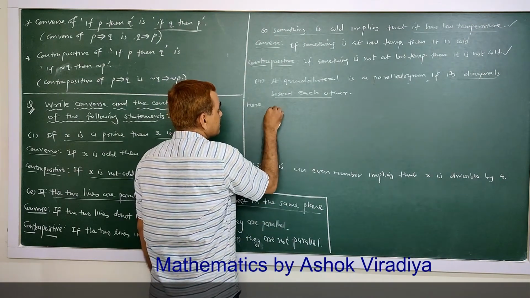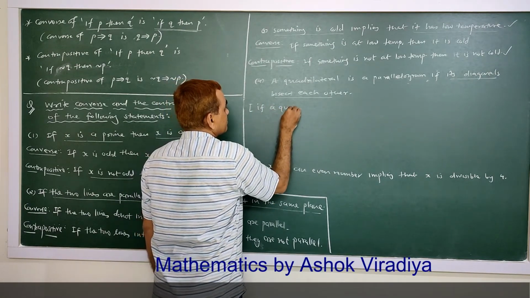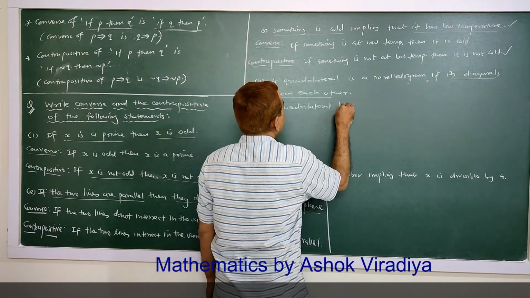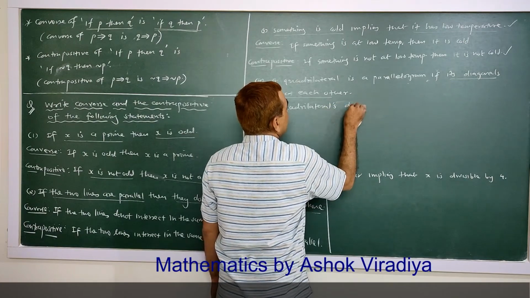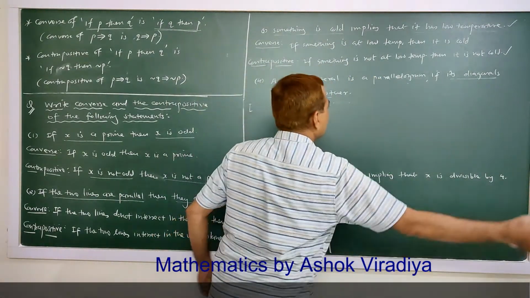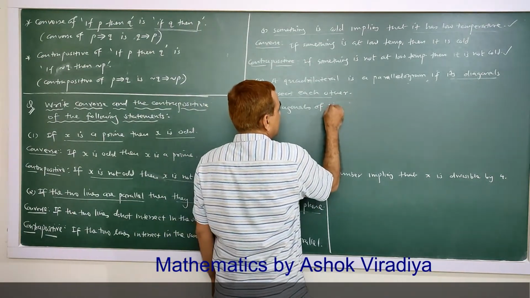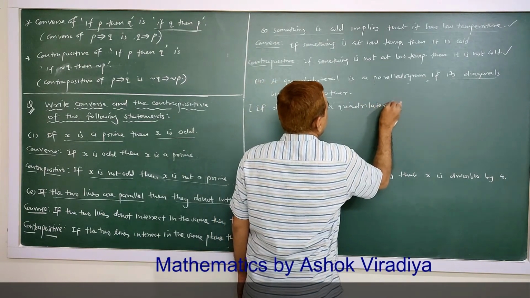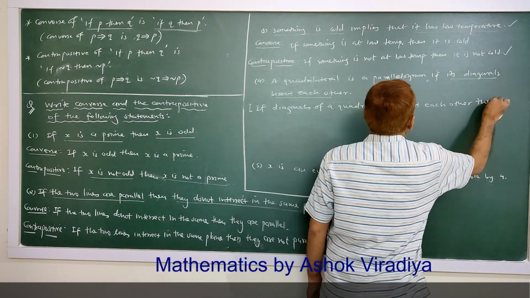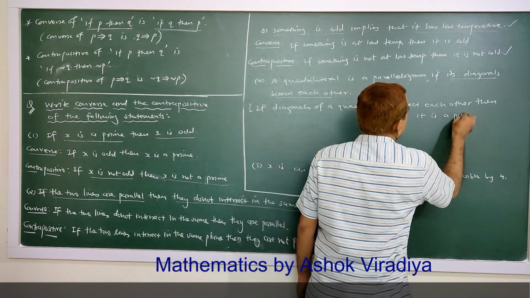So here I am putting in detail. This can be written as: if diagonals of a quadrilateral bisect each other, then it is a parallelogram.